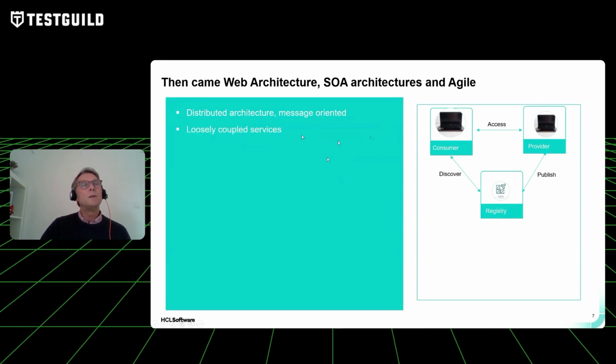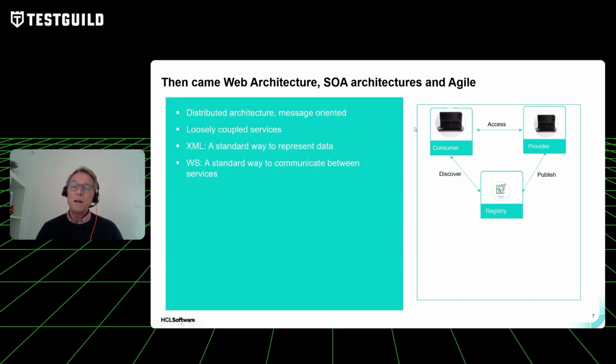And applications were composed of a set of loosely coupled services. XML at that time was the standard way to represent data. It's still widely used in the IT industry today. And web services was a standard way to communicate between those services.